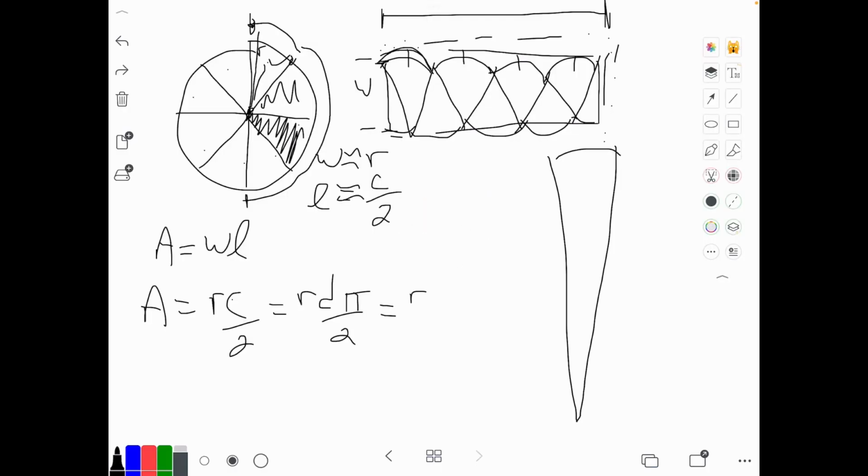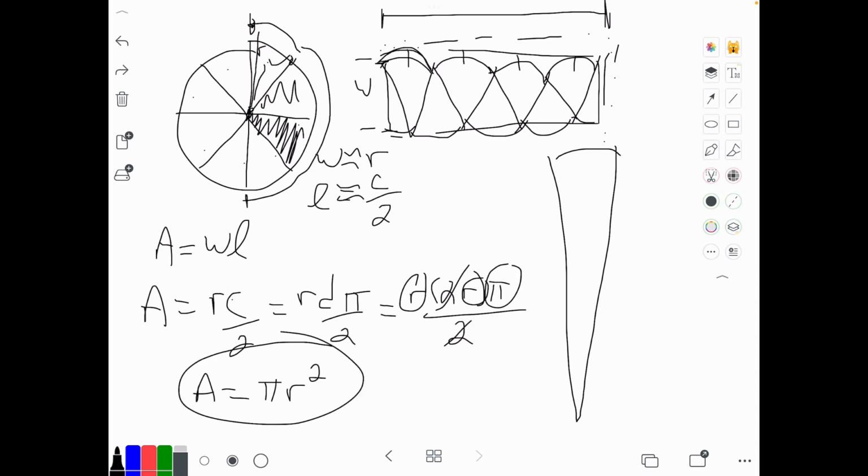So we can say r times 2r pi over 2. So a equals, let's cancel out these 2's. And then we have 2 r's, so that's r squared. So pi times r squared. And that is how we can calculate, or derive, the area of a circle.